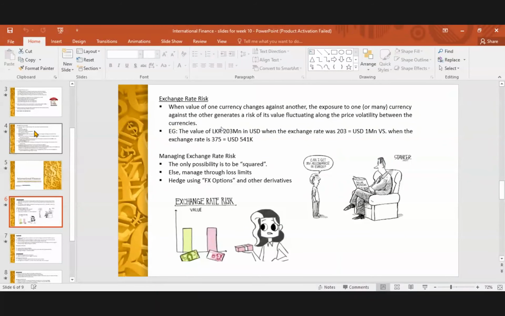I'll start with a small example. I have given you an example here. The value of LKR, I mean, this slide is pretty old.